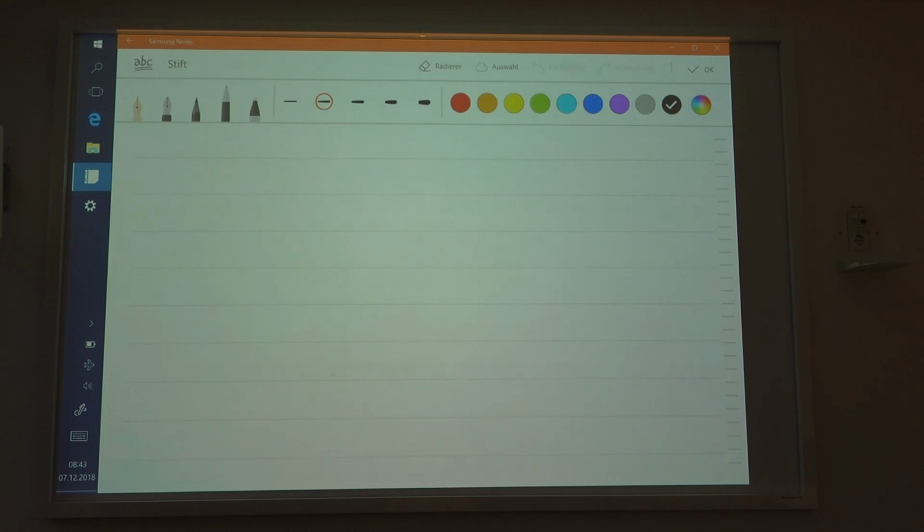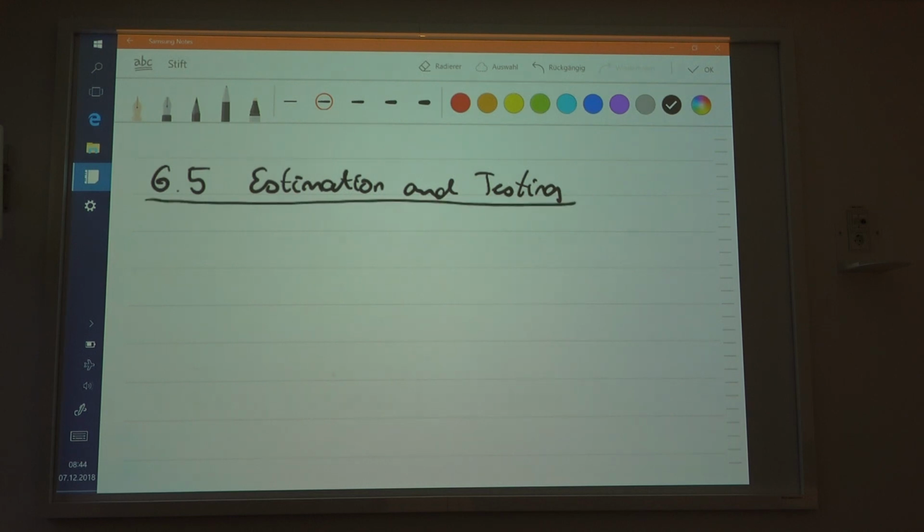Okay, so we were talking about the GARCH type processes, and we stopped in chapter 6.5, estimation and testing. So how does it work? We assume that the noise follows the normal distribution.